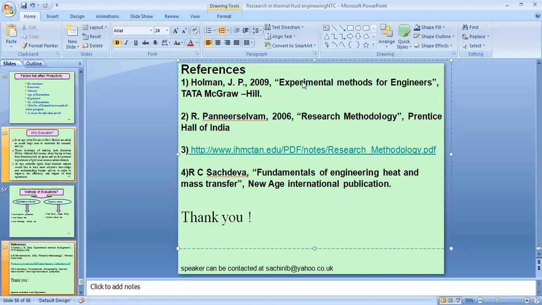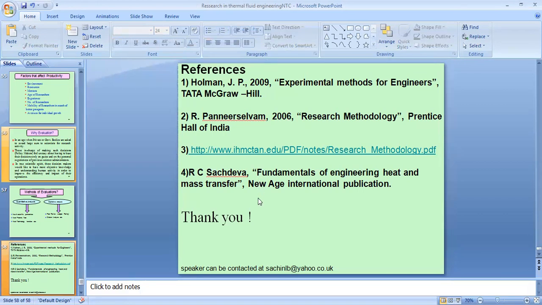Statistical analysis I will also take from this book. There is one more book, Panneerselvam, Research Methodology. Then I have used some notes from online. For heat transfer, I have used this book by R.C. Sachdeva. If you have any doubt, you can ask.